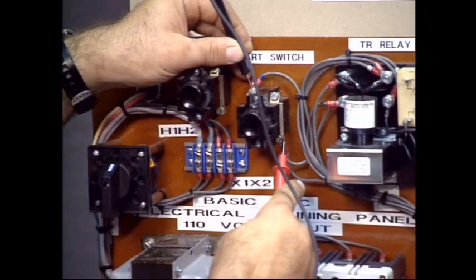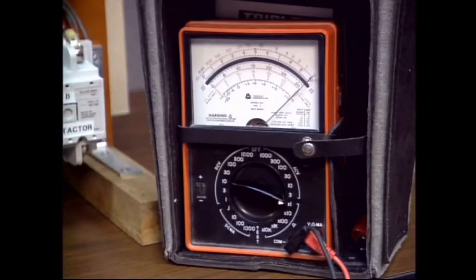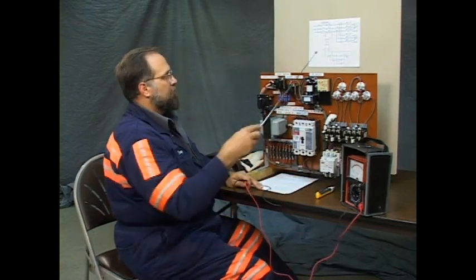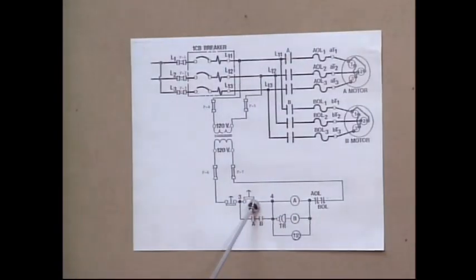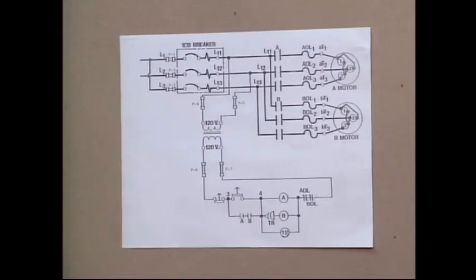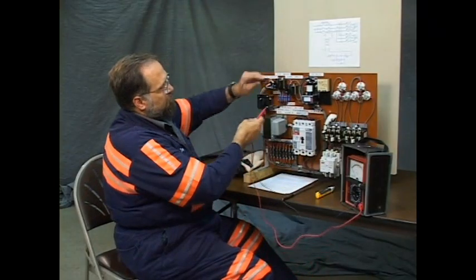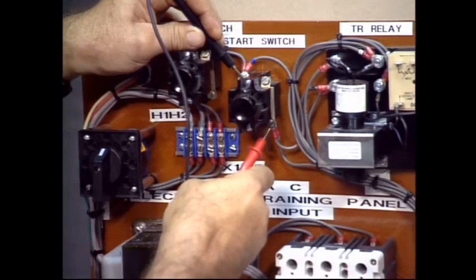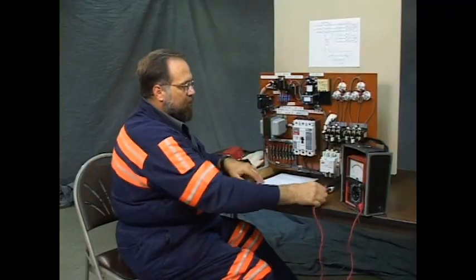According to the drawing, it should be open, but in fact this switch reads closed. This switch reads made. The drawing shows this open, but as you can see, watch the meter. It reads made. That's our problem.